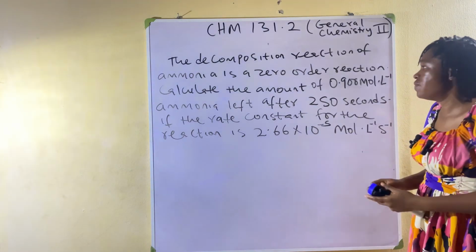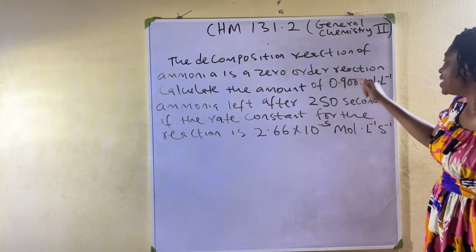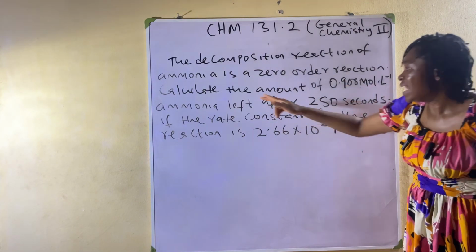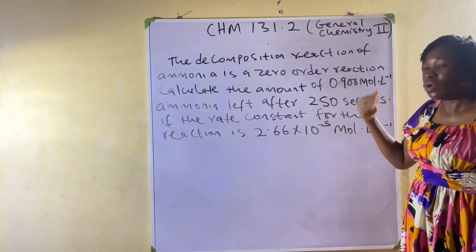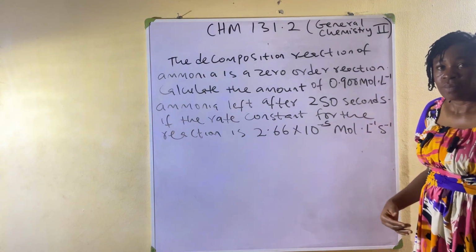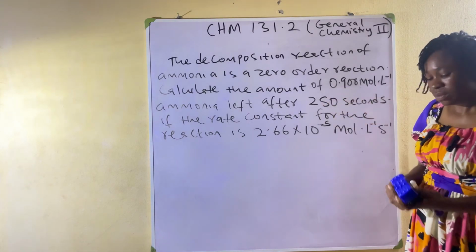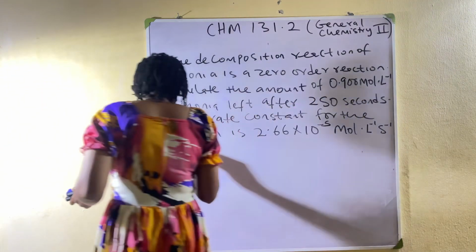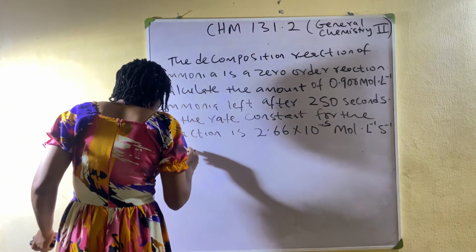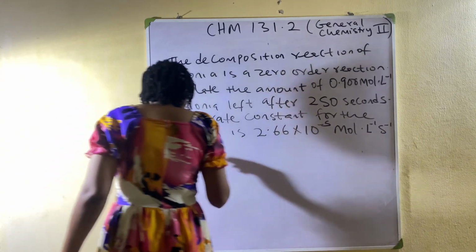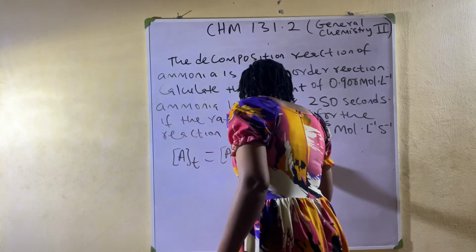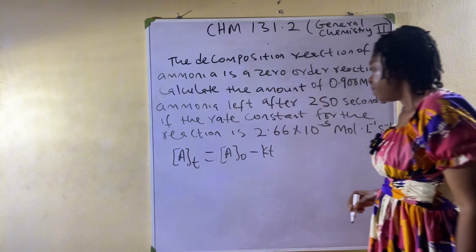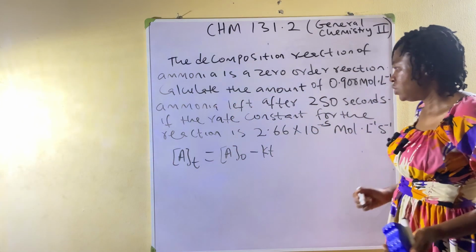So what are we actually looking for? Calculate the amount of 0.9 mole per liter ammonia left after 250 seconds. So we are looking for the concentration at time. This one is the initial concentration. So put our formula: concentration at time is equal to initial concentration minus KT.